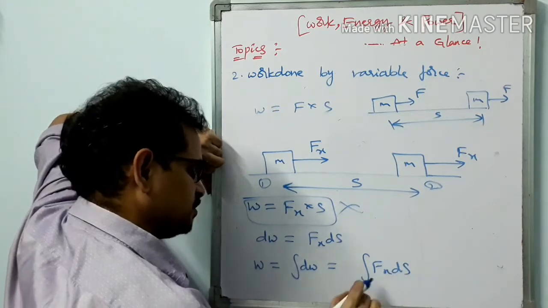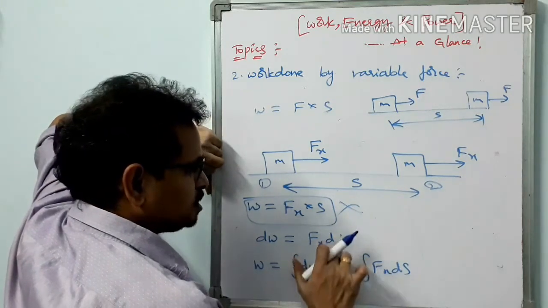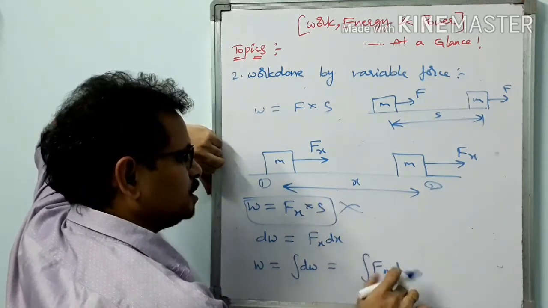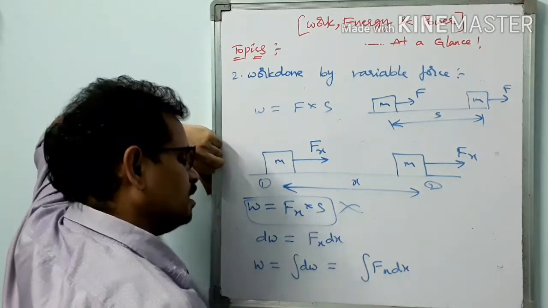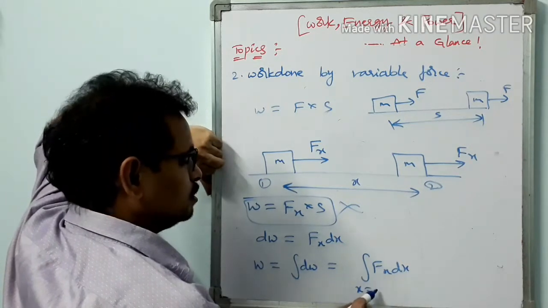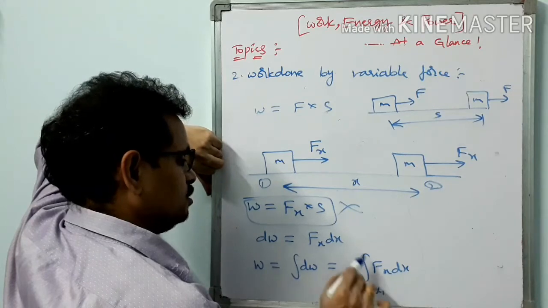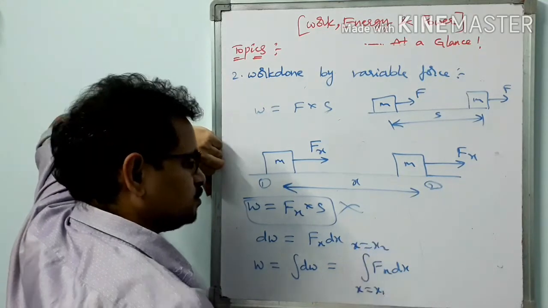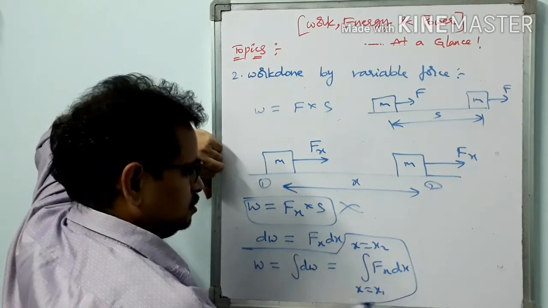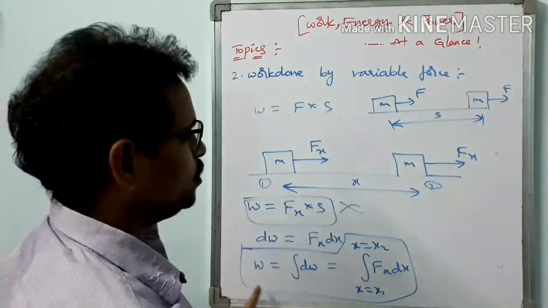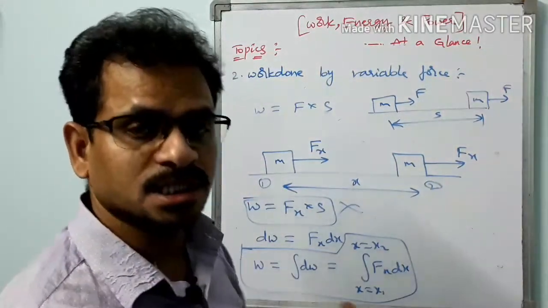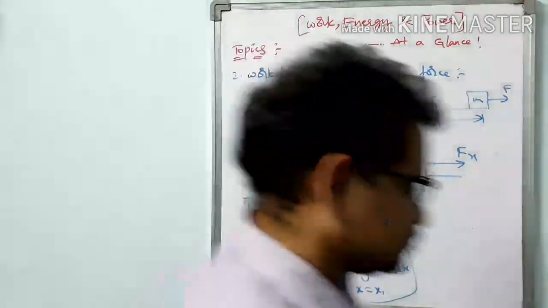Let us take displacement as x here, Fx dx. So we should take integration like this: W equal to integral from x equal to x1 to x equal to x2 of Fx dx. This is the work done by variable force here.